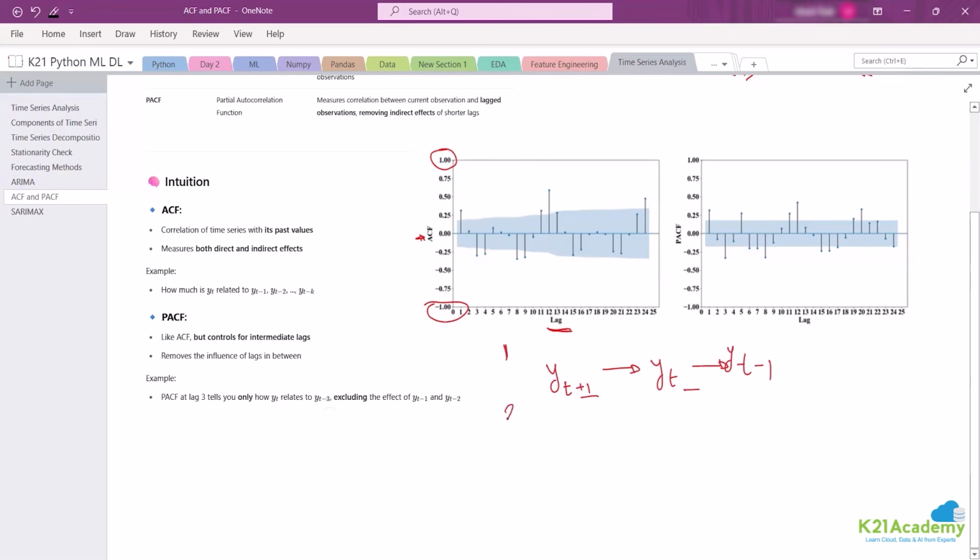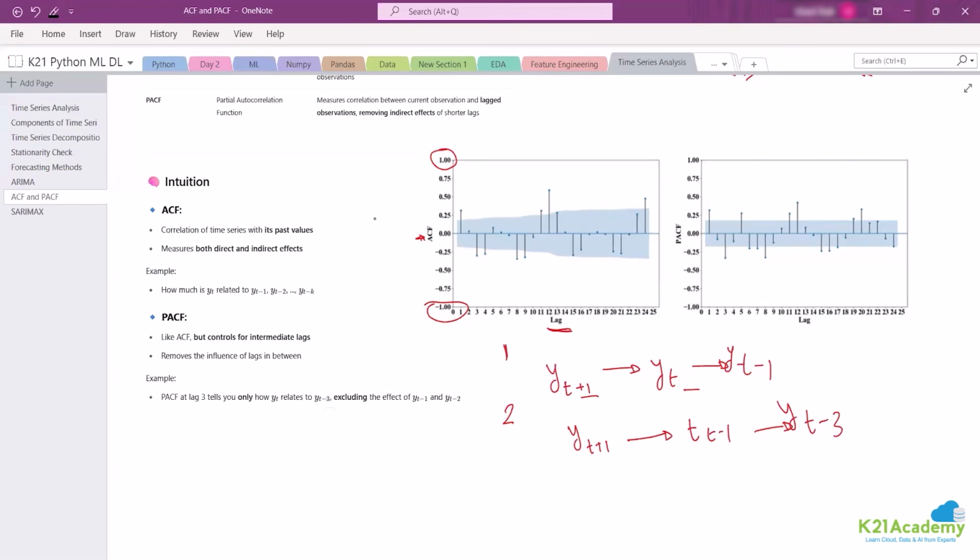Suppose we have lag 2. How does lag 2 consider values? For yt plus 1, we will have values like yt minus 1 and then yt minus 3, so we are skipping one of the previous values in between.